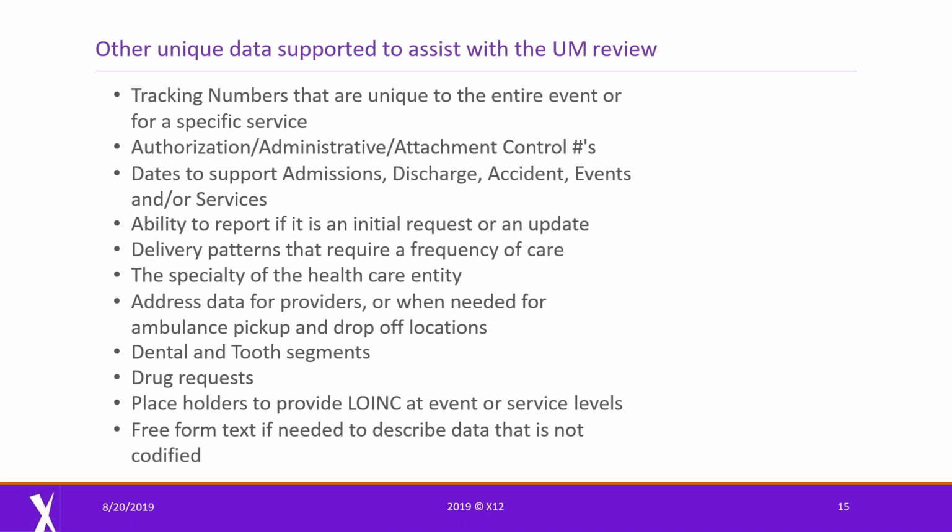So the 278 offers that flexibility to put those link values at either the event level or service level, up to 12 if you needed per procedure code. And then we also allow the ability for freeform text. Is it desirable to use freeform text? No, not really, because we would like everything to be codified, but not everything can be codified.